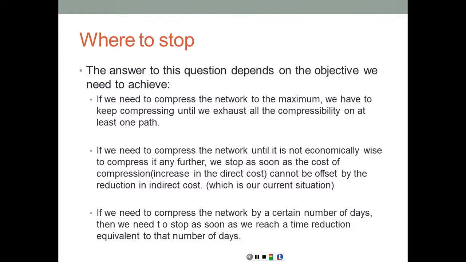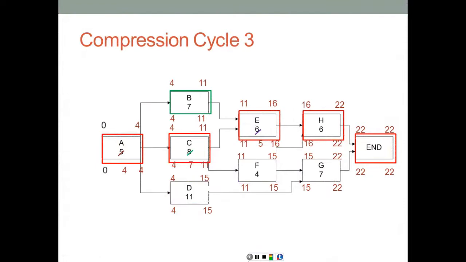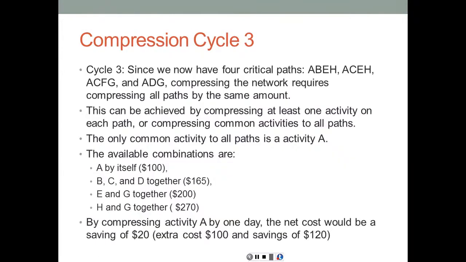By looking at this table, again, at the cost slopes, if you try to compress any further, it's going to cost you more than $120. So we're going to move to the left side of the curve. So if the question is compress until it's not economically feasible to compress any further, this is where we should stop. If the question is compress the network by, for example, 3 days, this is where we should stop.